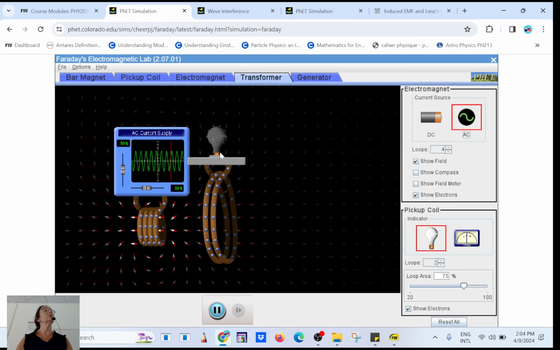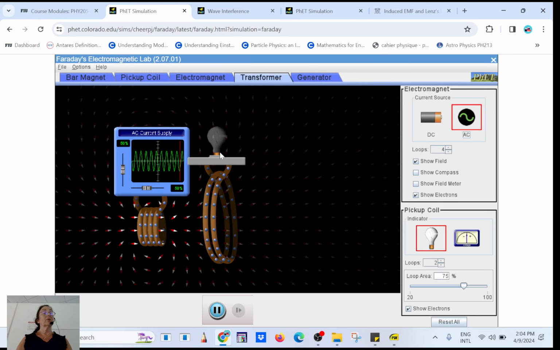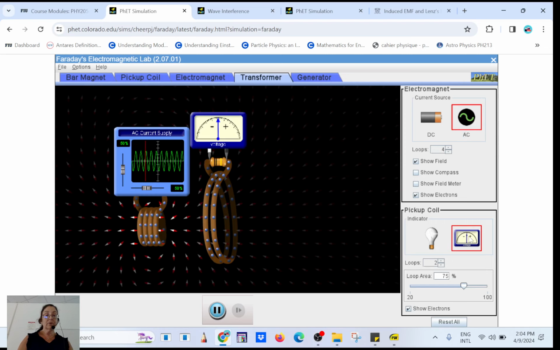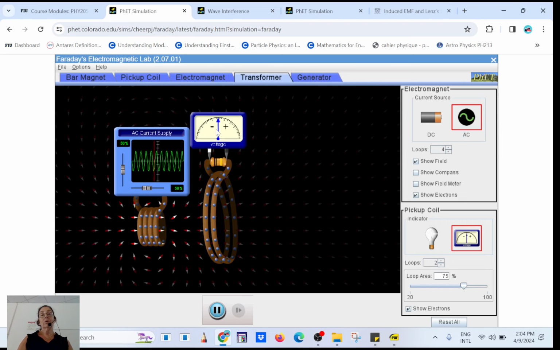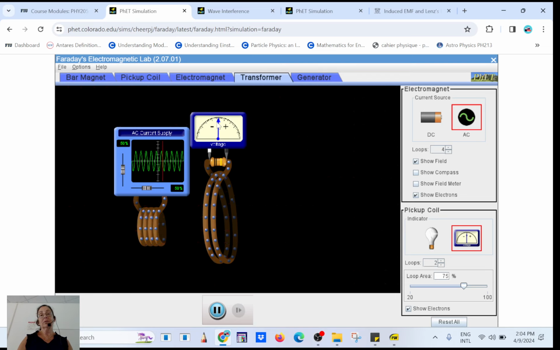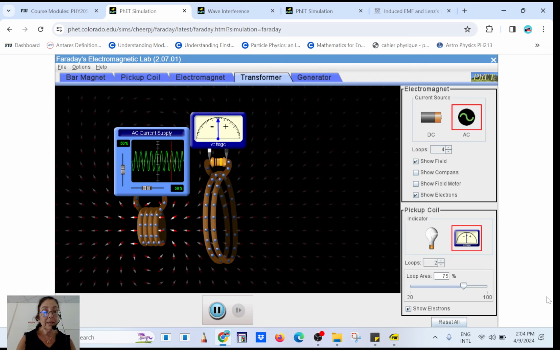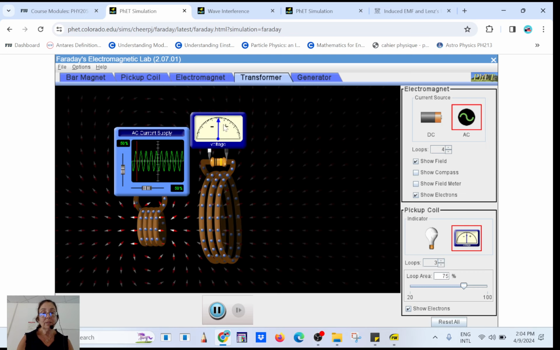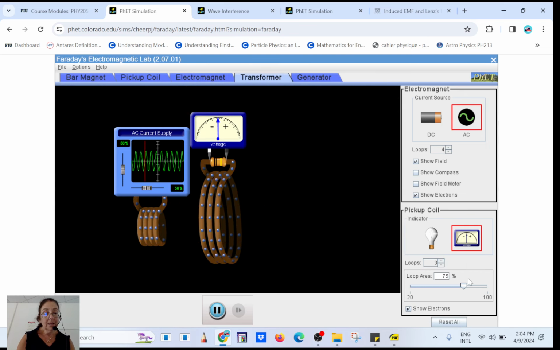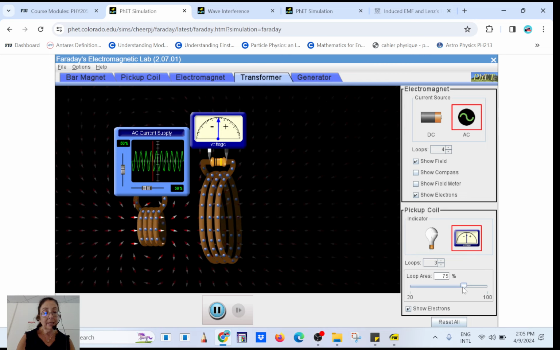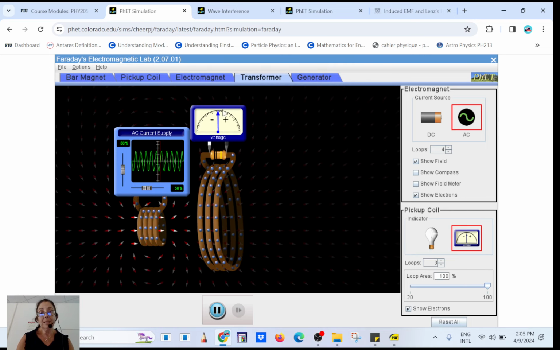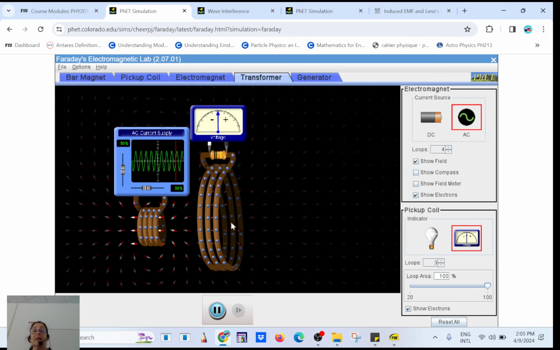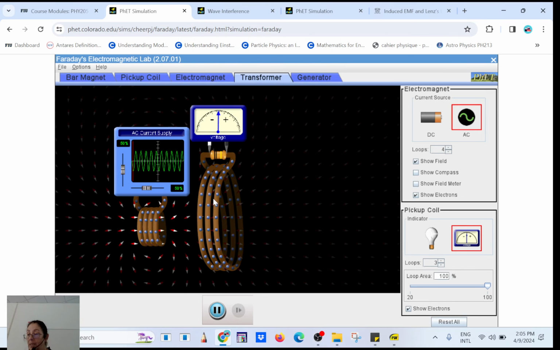So now you are inducing a current and an EMF. I can put a voltmeter and that will always be AC. It's not much. If I want more, I can increase the number of loops here, so I get a little bit more voltage, and I can also increase the area, and I get a little bit more voltage. Is that clear? So that's how transformers work.